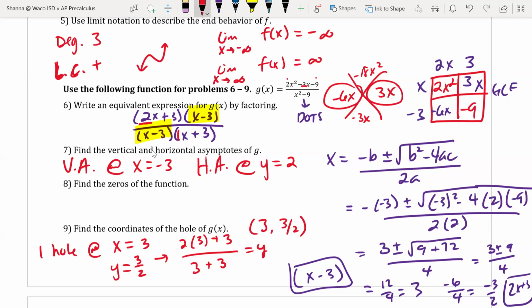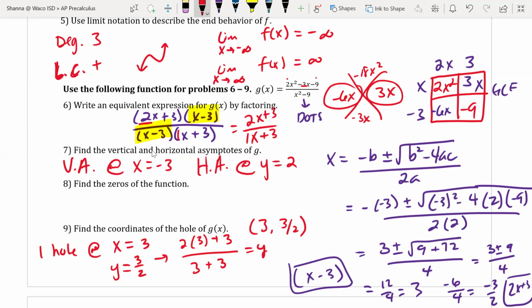You have 2x plus 3 over x plus 3. The degree of the numerator and the degree of the denominator are the same. So all you're doing is taking their leading coefficients and dividing them. The leading coefficient of the numerator is 2. The leading coefficient of the denominator is 1. And 2 divided by 1 is not 3. 2 divided by 1 is 2. So your horizontal asymptote is at y equals 2.